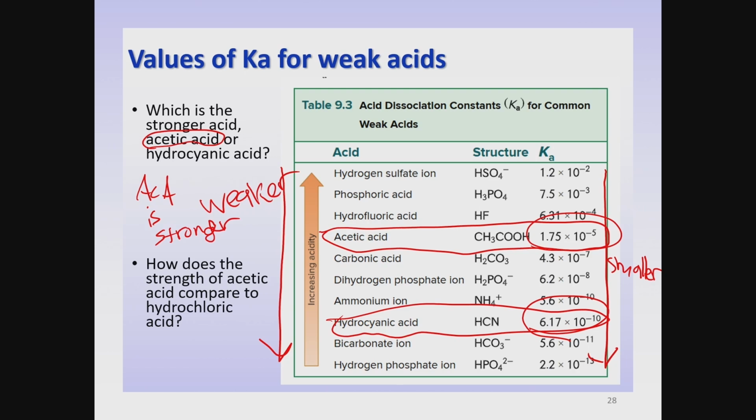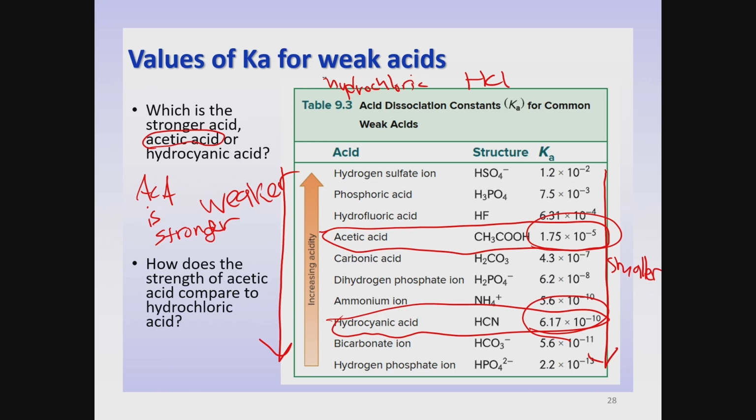Okay, next question. How does the strength of acetic acid compare to hydrochloric acid? And so I just kind of determined that acetic acid is stronger than hydrocyanic acid. But you have to remember, acetic acid is still considered a very weak acid. Now, off the chart up here is hydrochloric acid. So I'm going to write hydrochloric acid up here is a very strong acid.